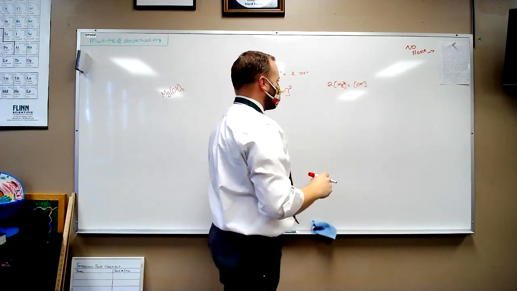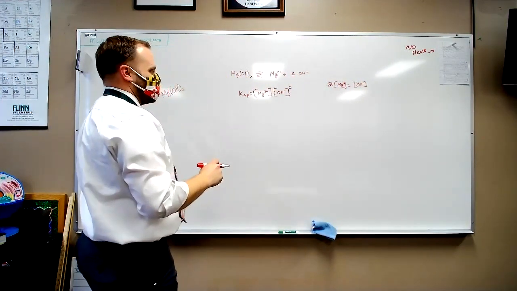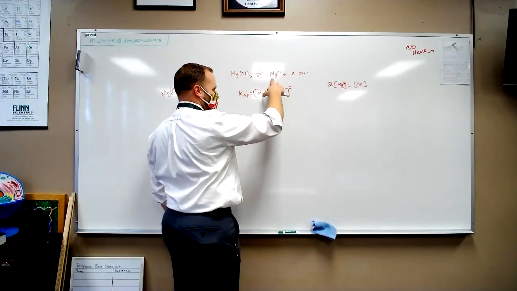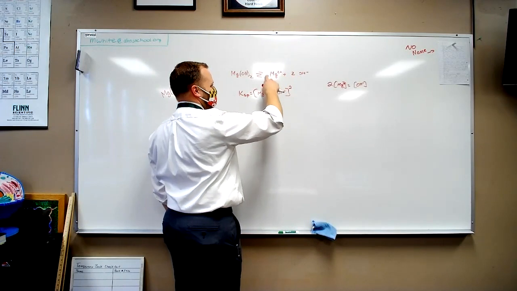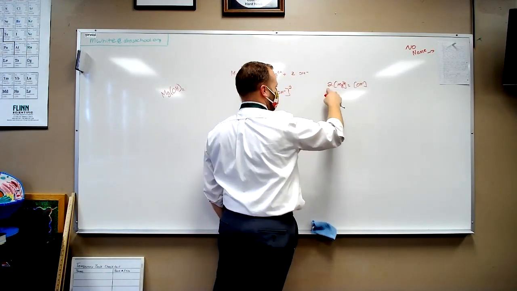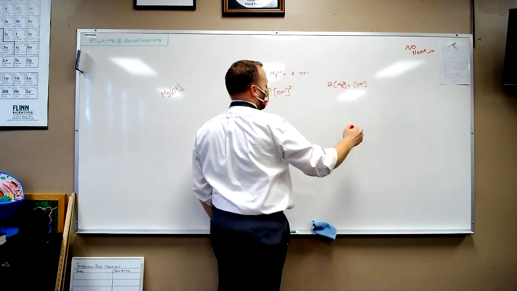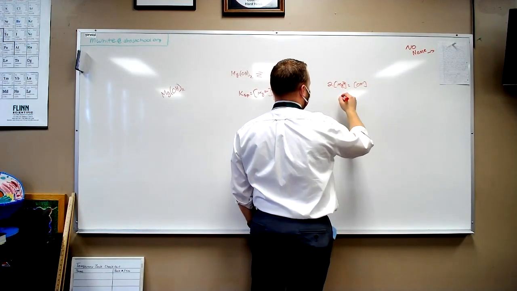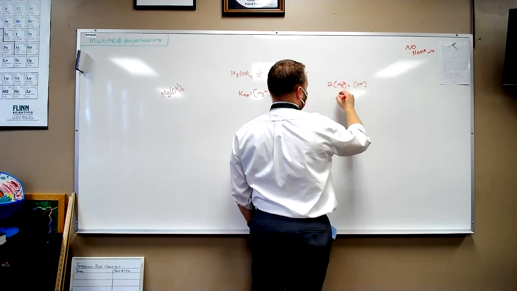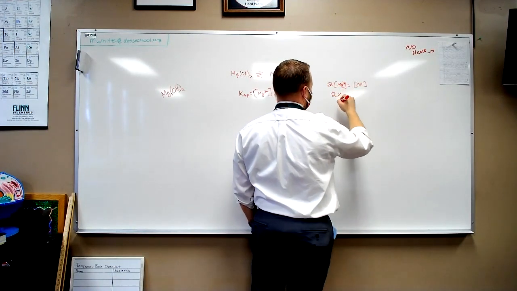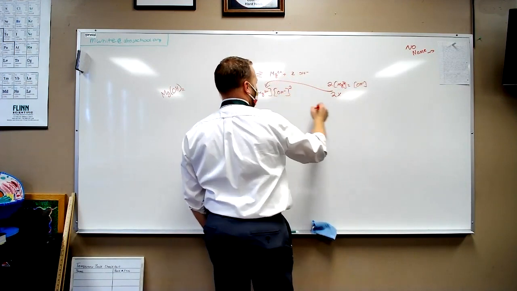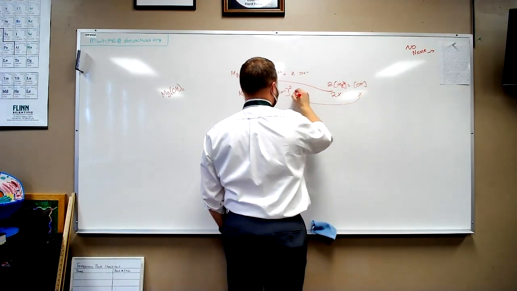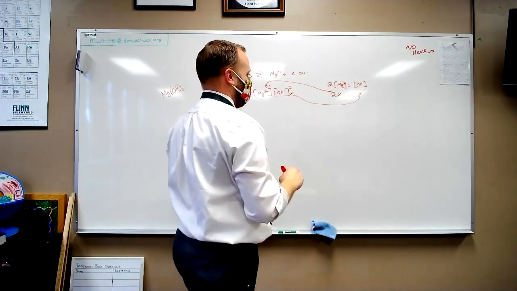So we multiply that, because we get two for every one of these. We have to multiply this by 2 to set them equal, which then means we can take the concentrations and say 2x for magnesium and x for the hydroxide.